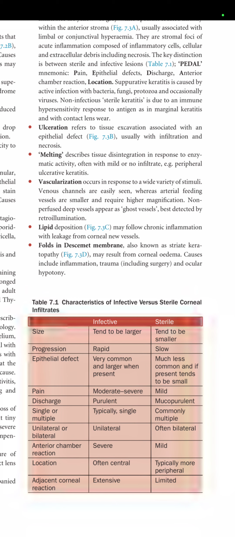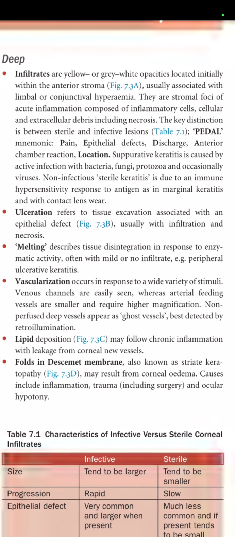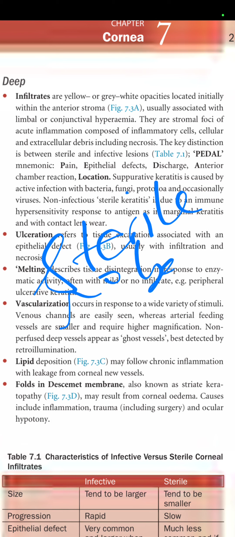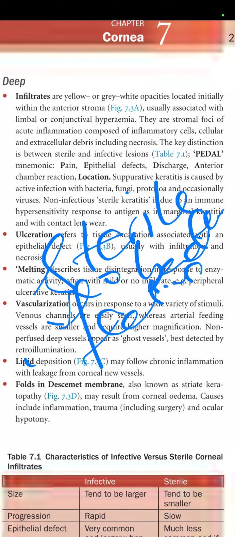Next is suppurative keratitis, caused by active infection with bacteria, fungi, protozoa, and occasionally viruses. Non-infectious sterile keratitis is due to an immune hypersensitivity response to an antigen, as in marginal keratitis and with contact lens wear. So sterile basically has no bacteria, and in infective it is a bacterium which is causing all this.